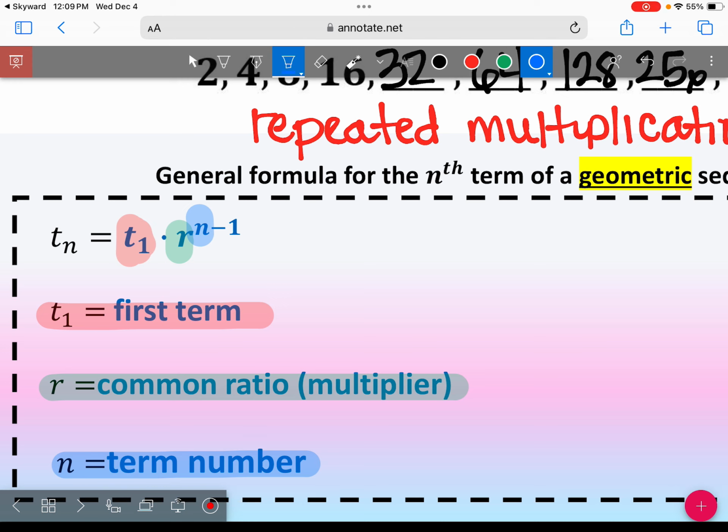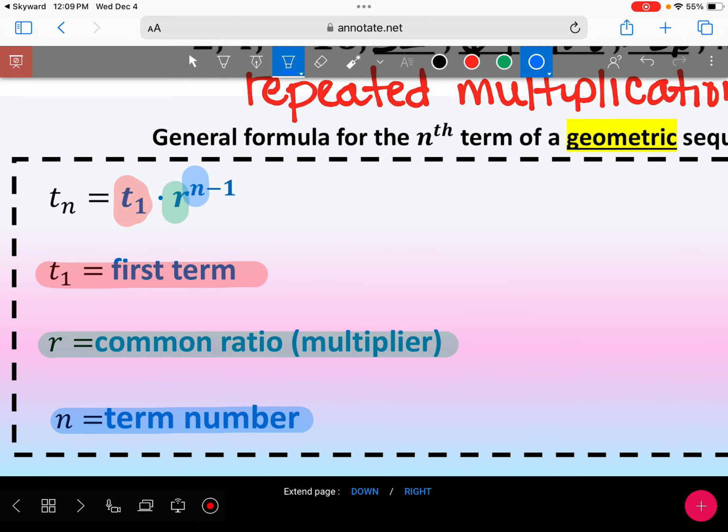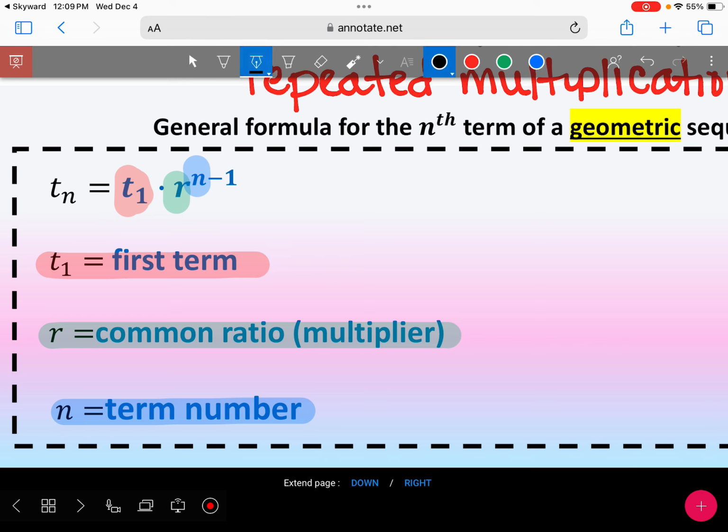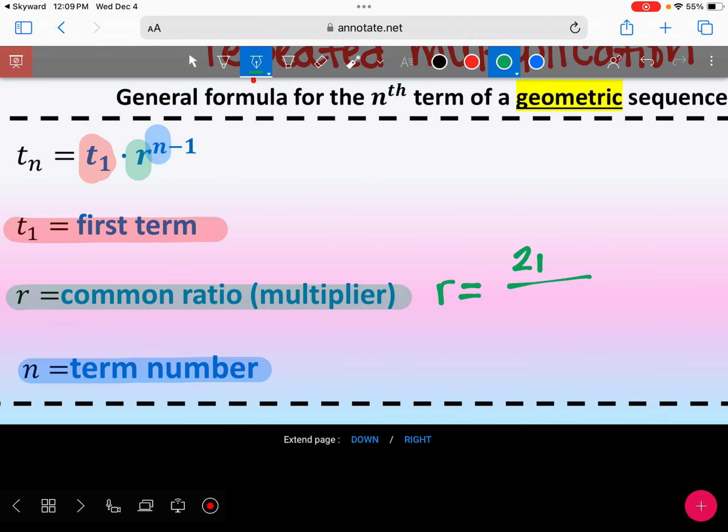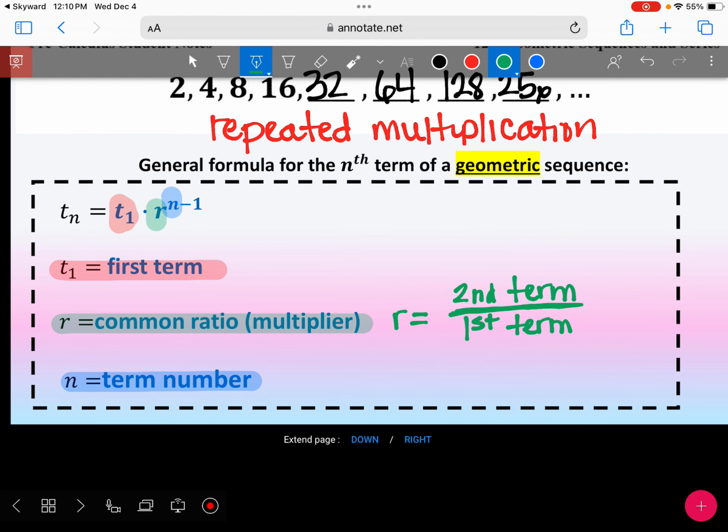But sometimes the common multiplier could be a fraction or a decimal, and that could be a little trickier to find. So if you're ever not sure, here is the formula to help you find your multiplier. You just take the second term and divide that by the first term.